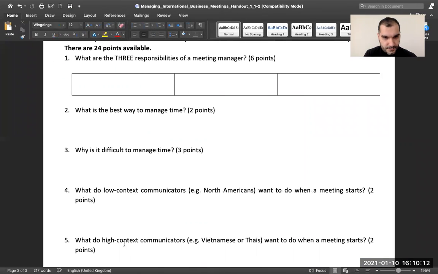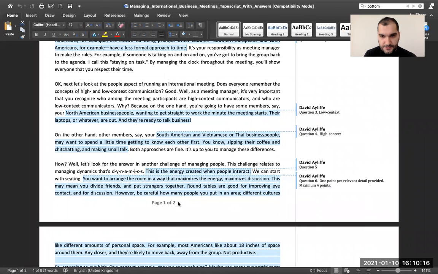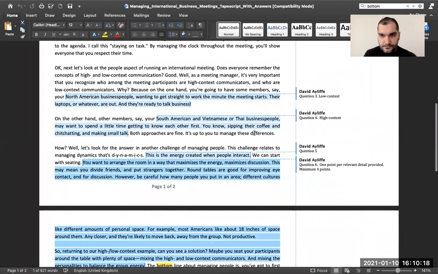And high context communicators may want to spend a little time getting to know each other first, sipping coffee and chit chatting and making small talk. So people from high context communication may want to spend more time getting to know the participants in a close manner.